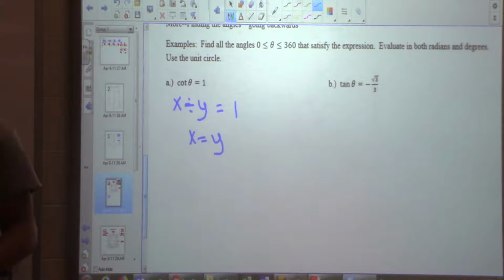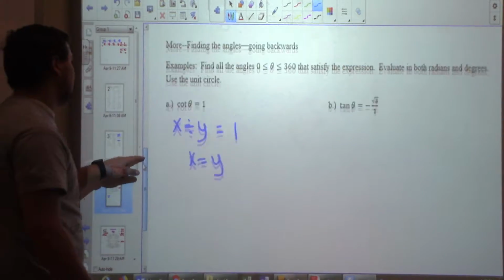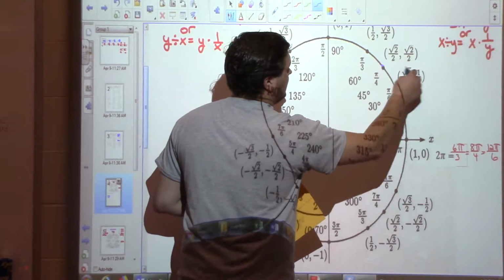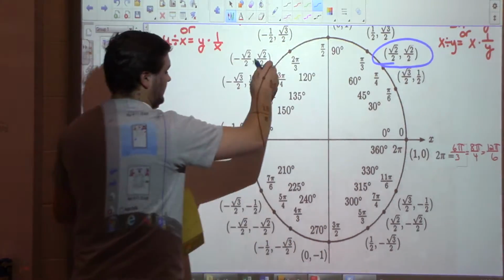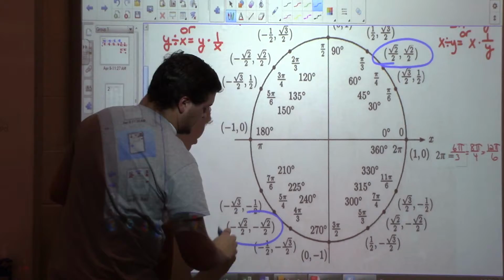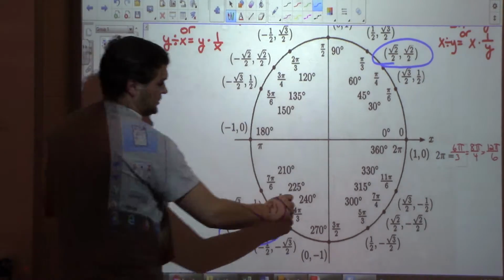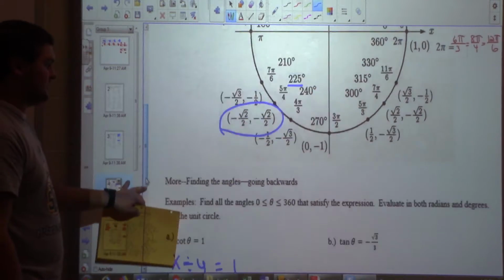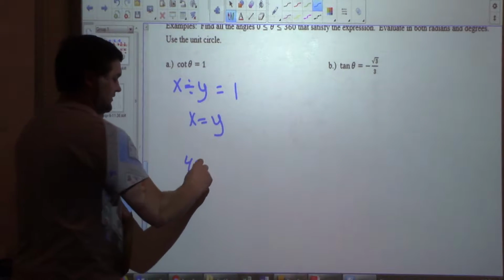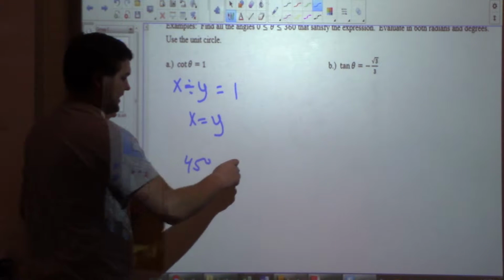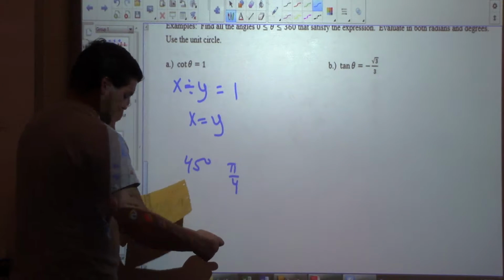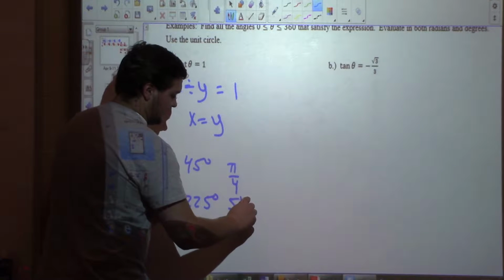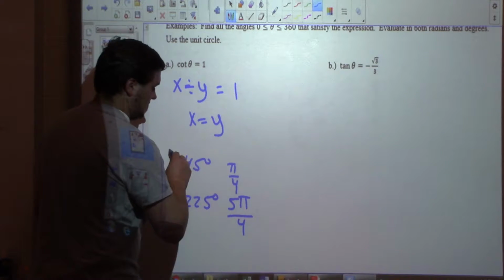So on my unit circle, I need to find where x equals y. Well, right here it is. And those are the only two spots. So at 225 degrees and at 45 degrees. Those are my two answers: 45 degrees, which is also pi over 4, and 225, which is 5 pi over 4.